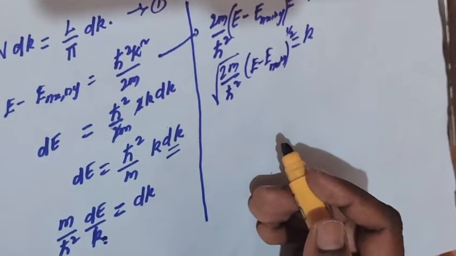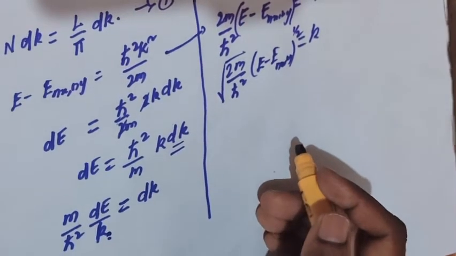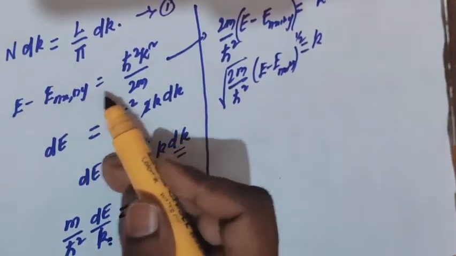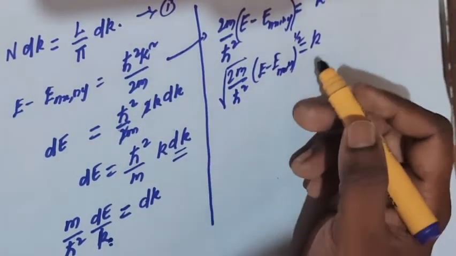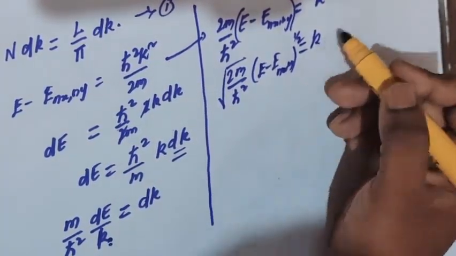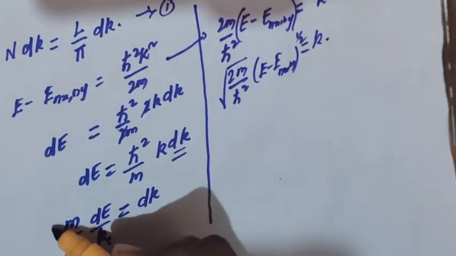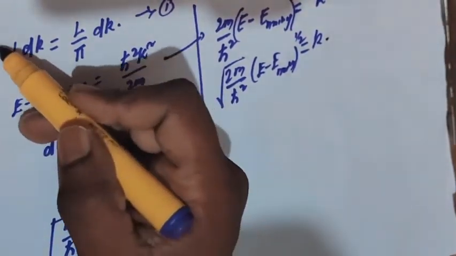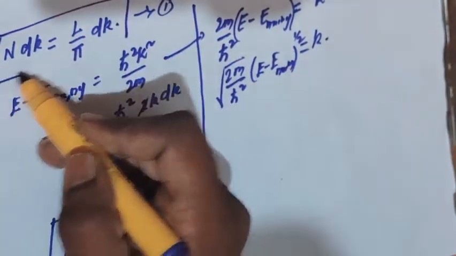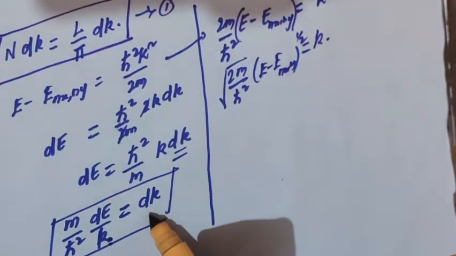Now we want to rewrite equation number 1. What is your dk here? Substitute this k value into dk. Just make sure of the equations we need. This is the first equation, and this is the second equation.